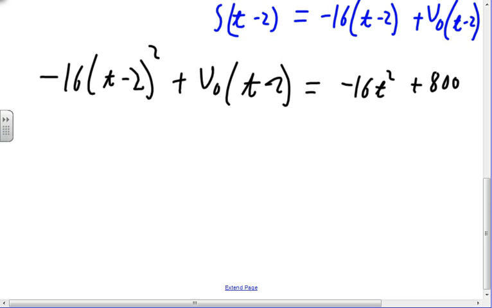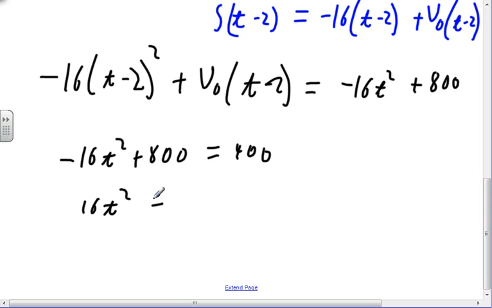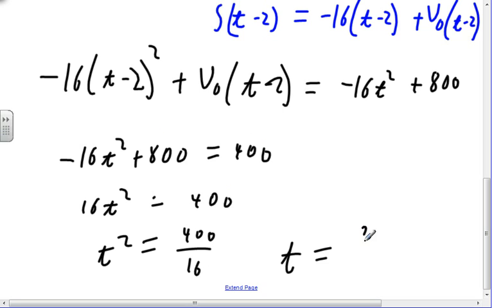I'm going to say that minus 16t squared plus 800 is going to be 400, which means 16t squared is 400, so t squared is 400 divided by 16. T is going to be 20 over 4. So at 5 seconds, I'm going to be at 400 feet.